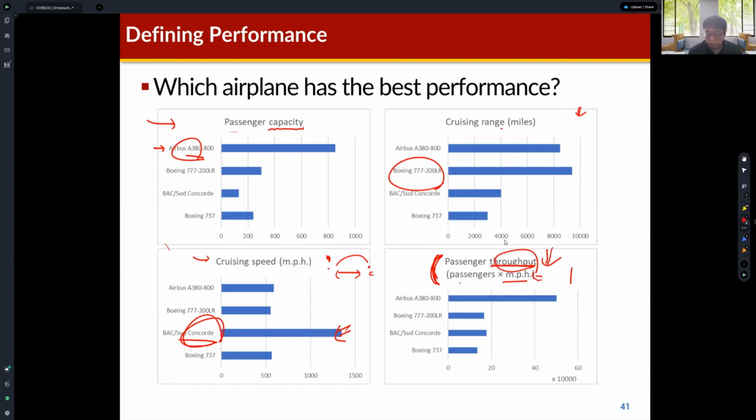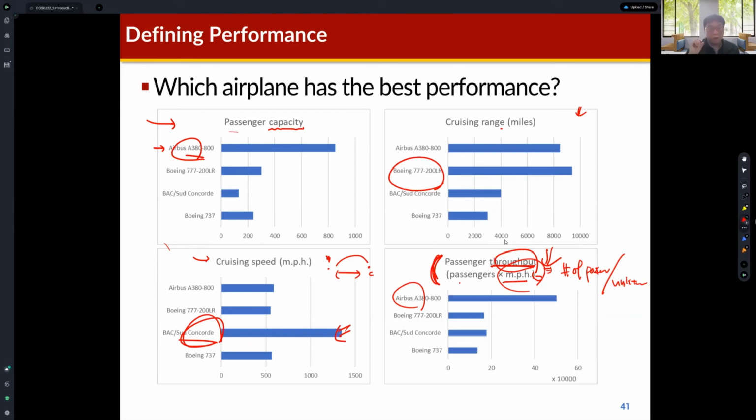Throughput in this graph means the number of passengers per unit time, because we multiply by the speed, and then the best is the Airbus. So if we calculate a new performance metric, the best airplane can be different.